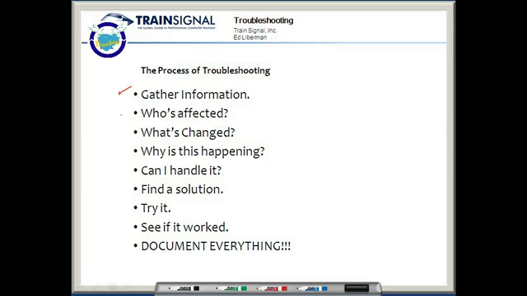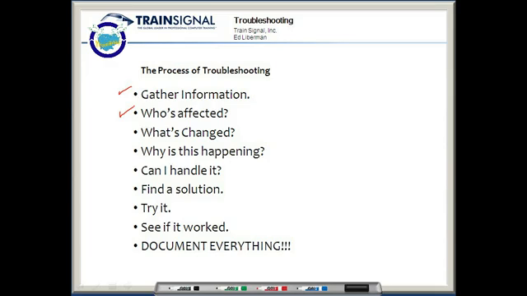Now, the next thing I have listed here is who's affected, or we even could say who or what is affected. In other words, if somebody calls you and says, I can't access the file server, well, is it just that person that can't access the file server? Or are there other users that cannot access the file server? Can the file server communicate back with this user or with other users?